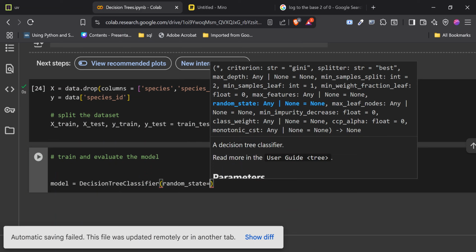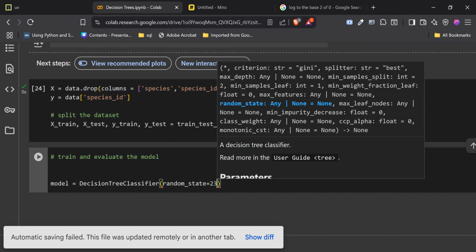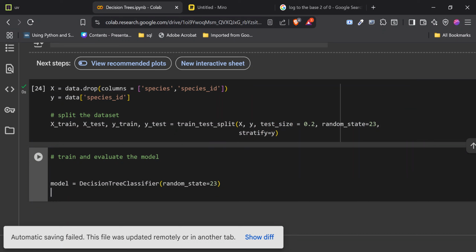You always want to be able to reproduce that. If you rerun the whole thing and want the same output, the model must make the same decision that it made by itself when it had a tie. So random state equals 23.